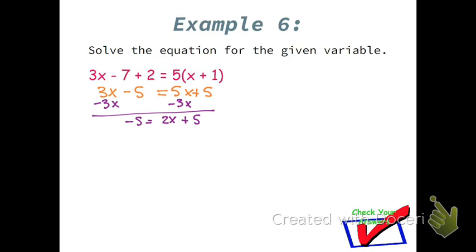Right, a lot of things going on there. I did subtraction property of equality to subtract 3x from both sides. On the left-hand side, subtracting 3x is really like adding -3x. So that is your additive inverse. When that, we say, quote-unquote, cancels out, really adds to 0. And then 0 plus -5 being -5, that's your additive identity.